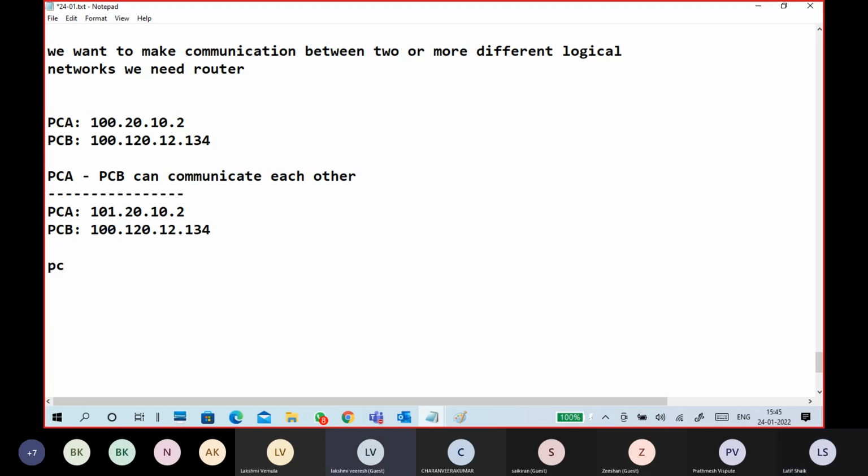The network portion is not the same. Then the devices cannot communicate with each other. So we'll go to another example.